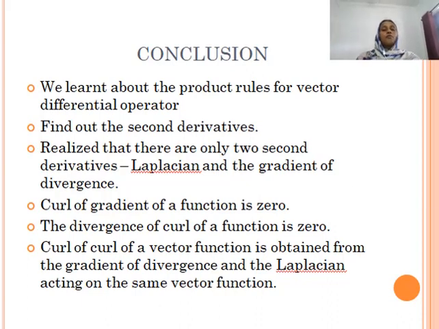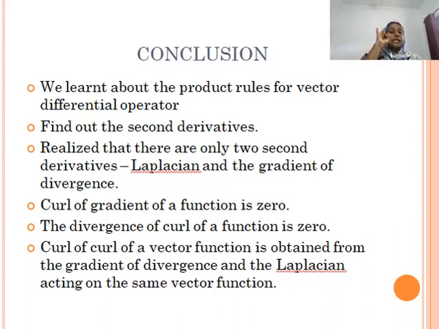Now we can wind up this session. We learned about product rules for ordinary derivatives. Then we connected these rules with our del operator or vector differential operator. Then we extended the study to second derivatives. Then we saw that there are 5 species of second derivatives. In these 5 species, first one is Laplacian.